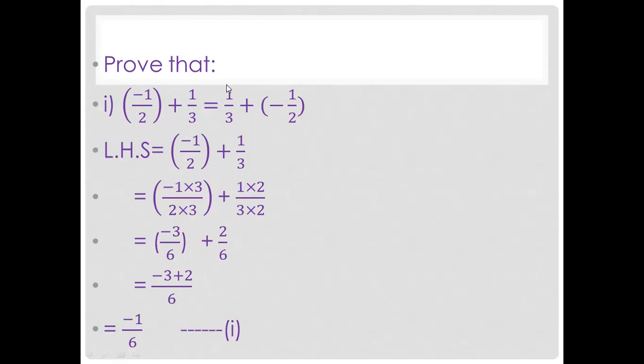Now we solve the right hand side. Right hand side is 1 over 3 plus minus 1 over 2. So 1 over 3 as it is. Again we make the denominator the same. So we multiply 1 over 3 by 2 in the numerator and the denominator, and minus 1 over 2 by 3. So we get 2 over 6 and minus 3 over 6.